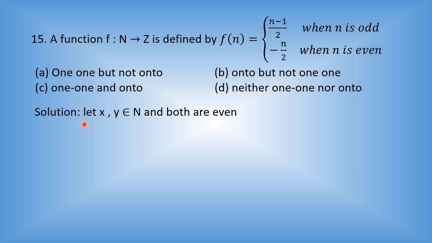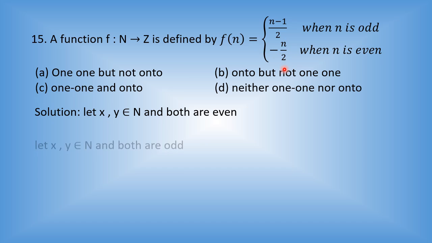Let's check one by one. If x and y both belong to the set of natural numbers and both are even, then clearly the given function is one-one. Because if both are even, f(n) gets the value minus n/2 in both cases.